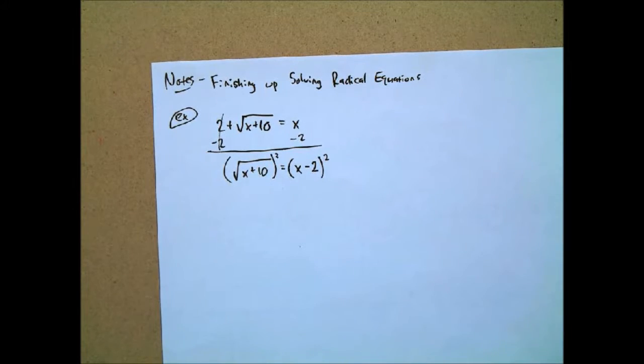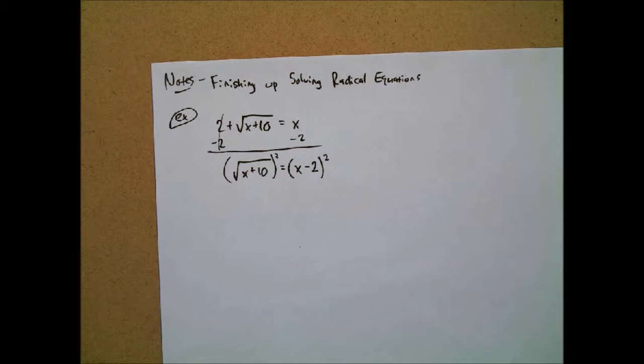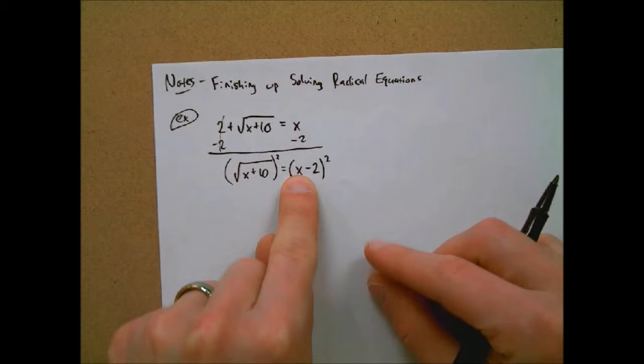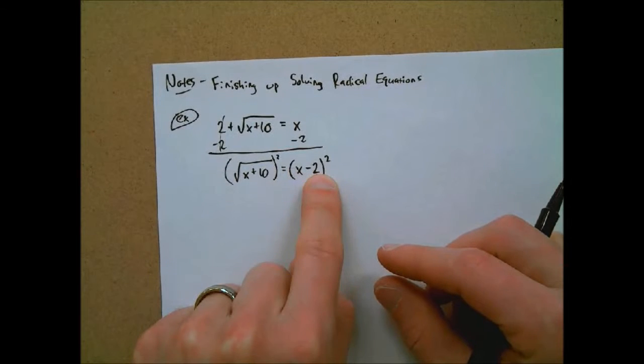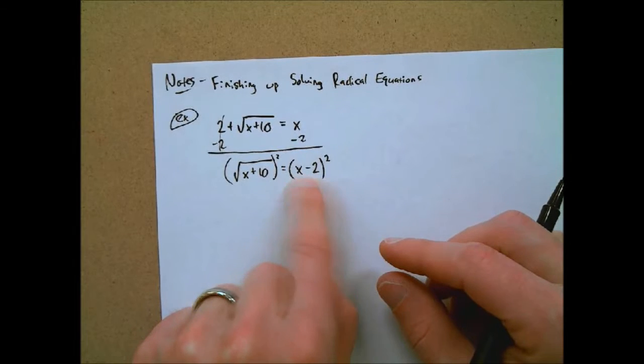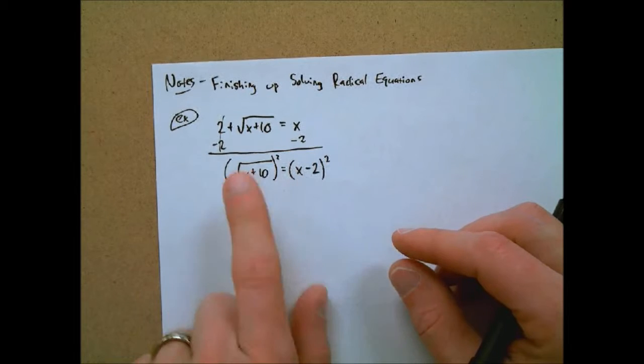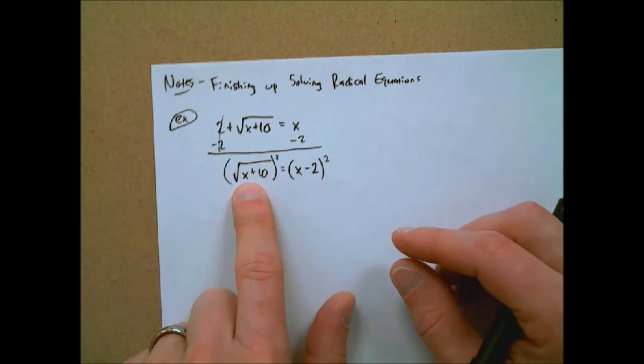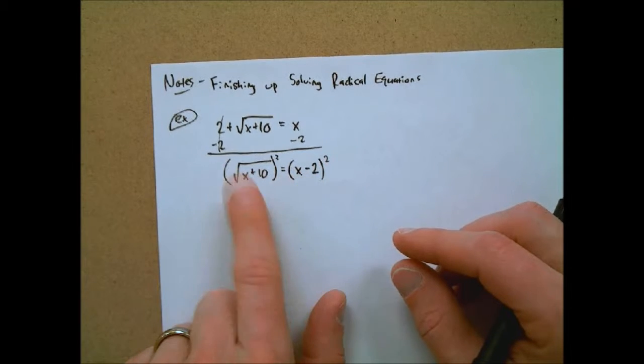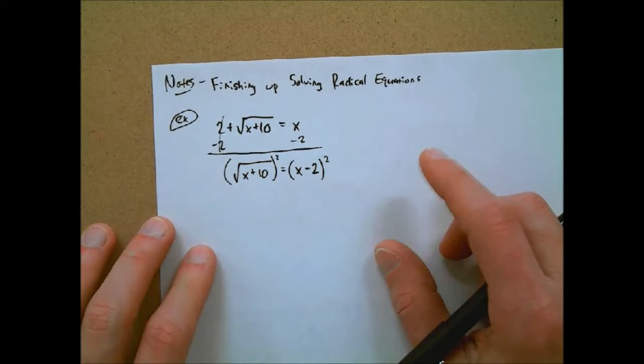And again, when I say square both sides, I mean you have to square the entire side. So in other words, I can't just come in here and square just the x. And I can't just square the minus 2. I have to square the entire quantity. What does this left-hand side simplify to be? x plus 10, it's pretty straightforward.